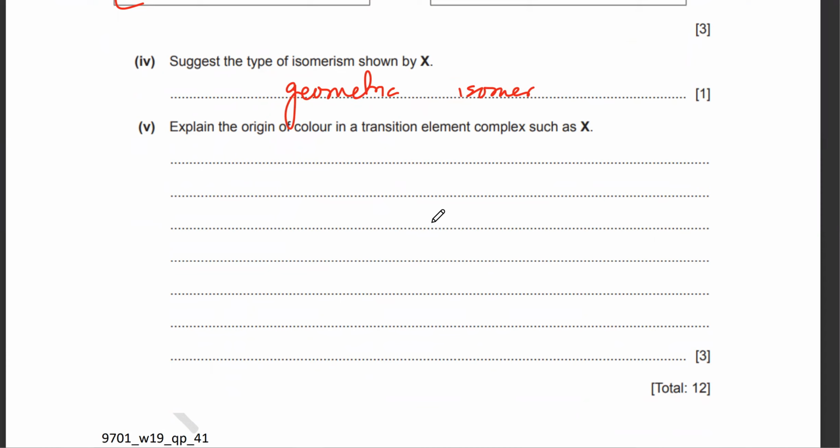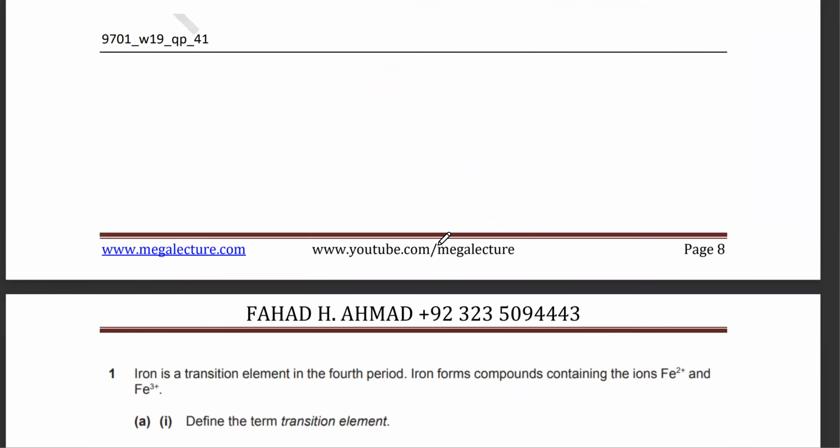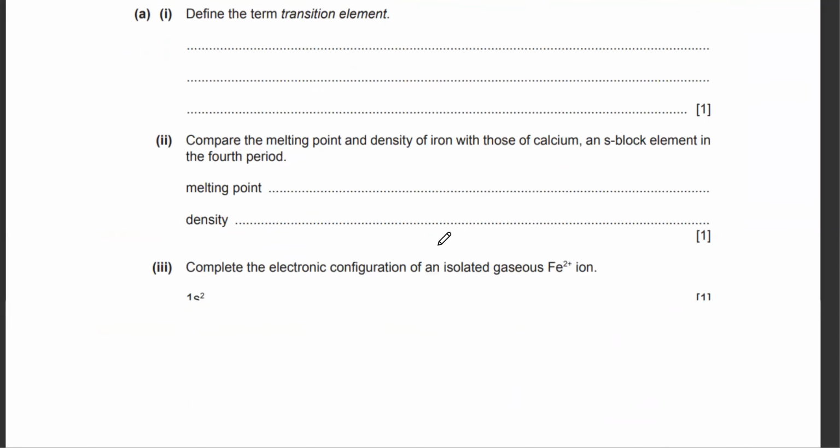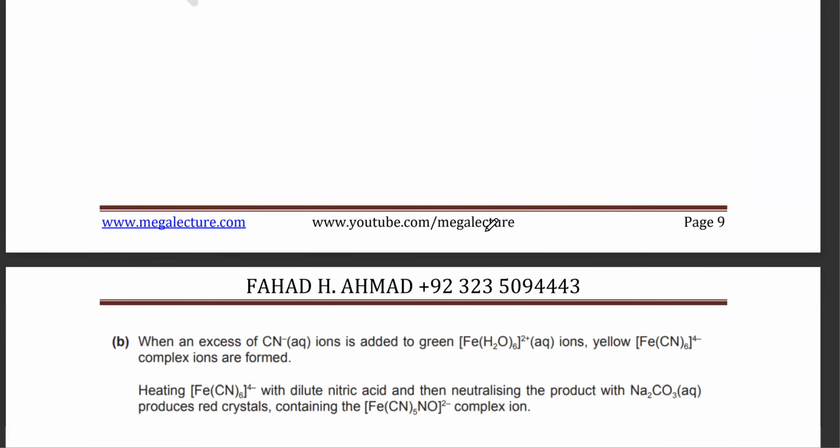An electron gains energy, absorbs frequencies from the visible spectrum, and moves from lower energy to higher energy. When a frequency from the visible spectrum is absorbed, the complementary color is seen. Is that clear? Yes, sir. So this is the transition metal origin of colors, the same question.